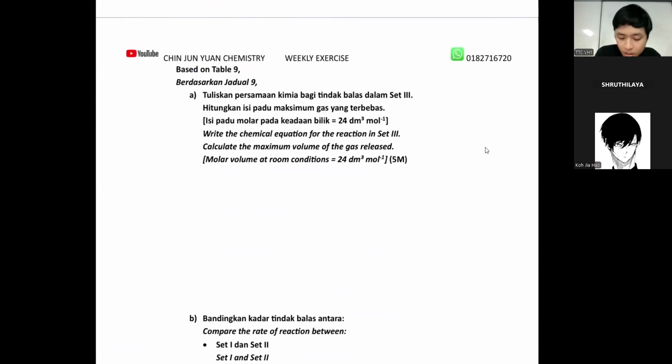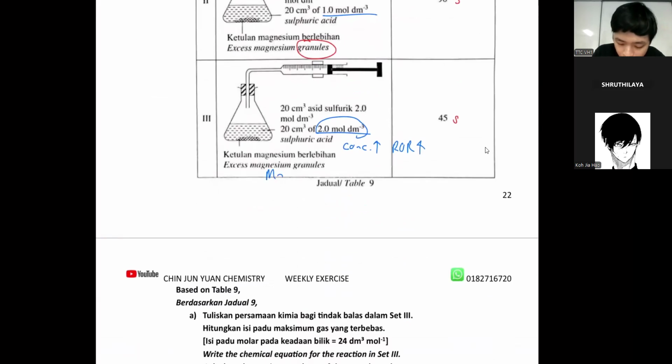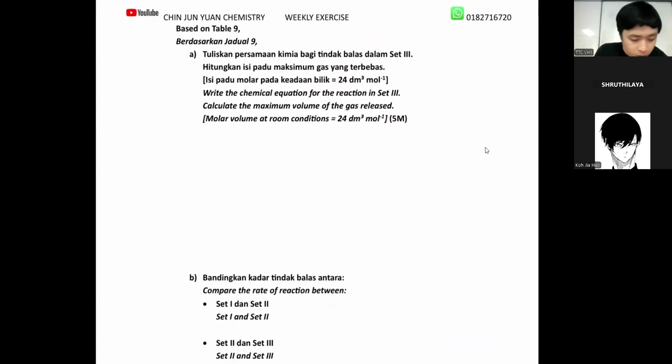Again, they ask to write the chemical equation for the reaction in set 3. Set 3 is magnesium and sulfuric acid. This one is very easy. Mg plus H2SO4. Mg kicks the H out, so you get MgSO4 plus H2. It's already balanced.